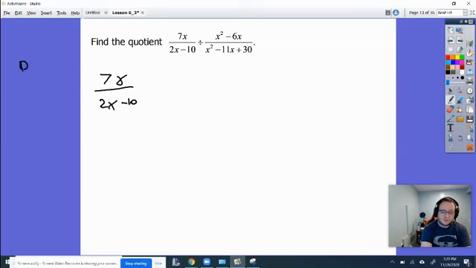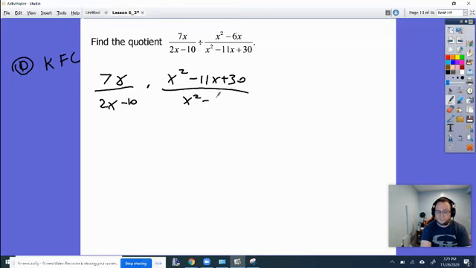So step 0, let's say, is going to be to do that KFC. And the reason for that is you're not going to try to cancel something too early. Now from here, we do want to factor, and we're just going to follow the same steps we did with multiplication, because now it's just multiplication.